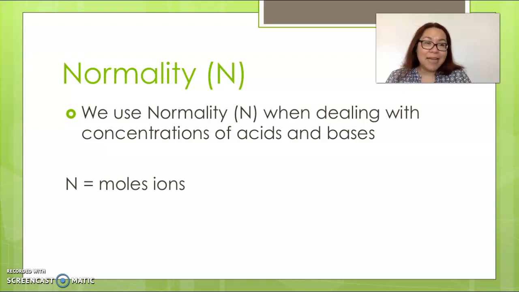So we know that in molarity, it is the moles of the compounds. But in normality, it's the moles of those ions. So those compounds have been broken apart, but we're going to take each ion into account. And like with molarity, where it's moles per liter, this will be the moles of ions per 1 liter as well.